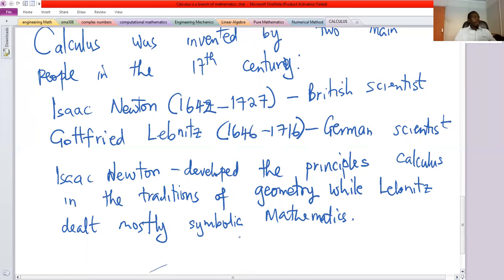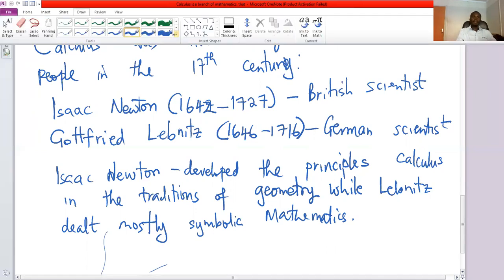And then the four main pillars, or the main questions, that all these scientists were interested in dealing with.